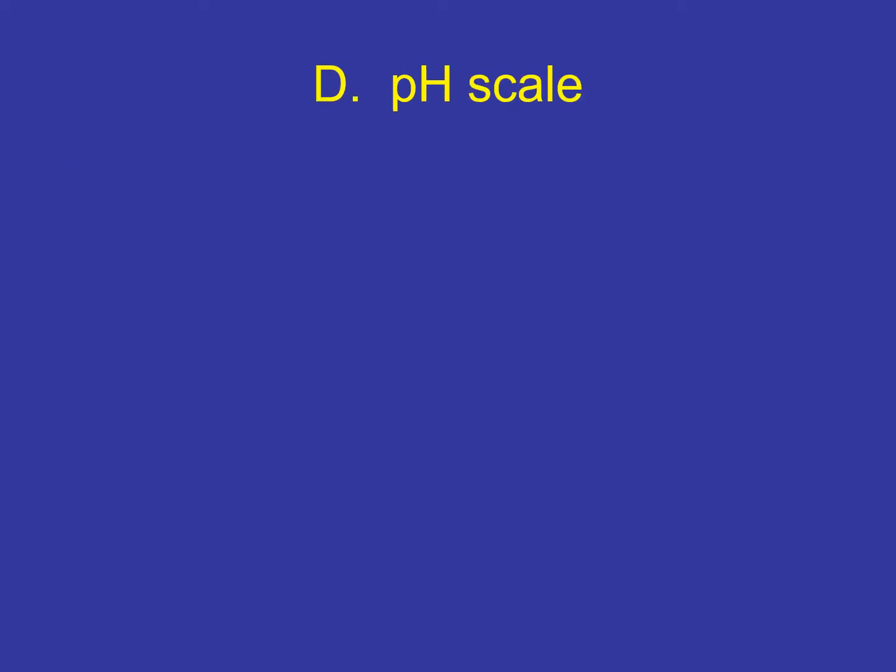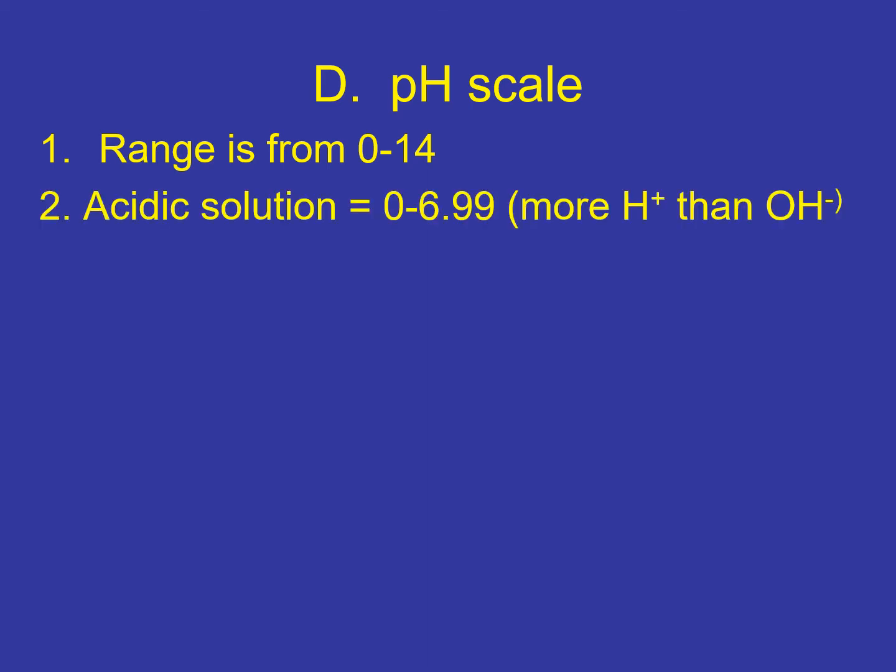So we have a numeric pH scale, right? We quantify that hydrogen ion concentration and express it numerically. Our scale ranges from 0 to 14. Below 7, all the way from 0 to 6.999, that end of the scale, solutions are said to be acidic.